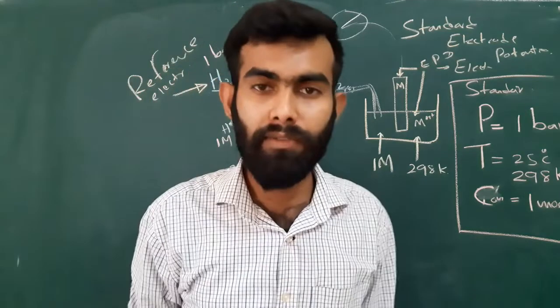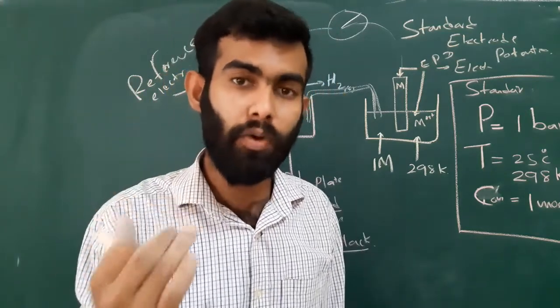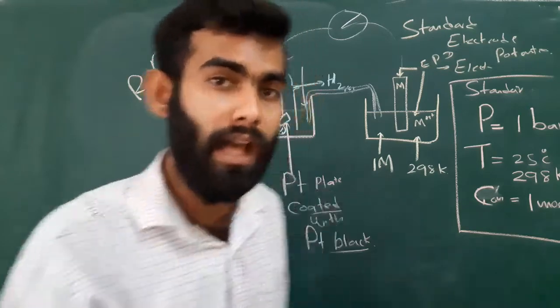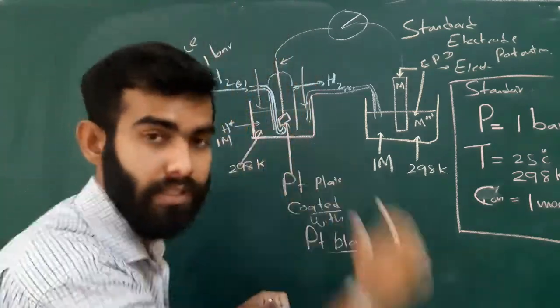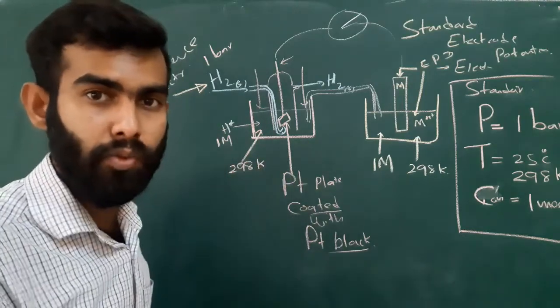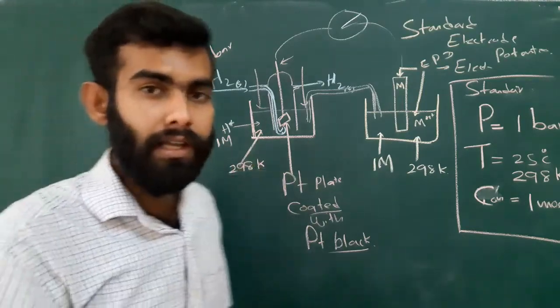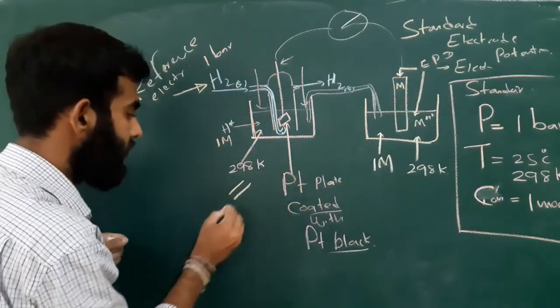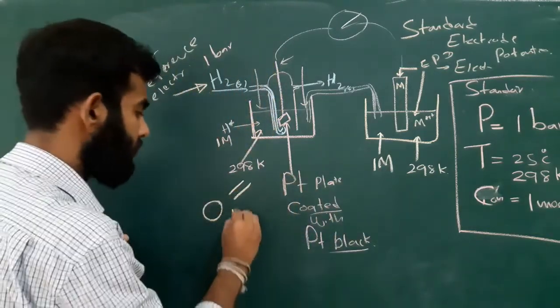In the next video I will explain the electrochemical series or reactivity series. To build up this reactivity series, we always have to use the hydrogen electrode as the reference electrode. So in standard situations we consider the potential of the hydrogen electrode as 0 volt.